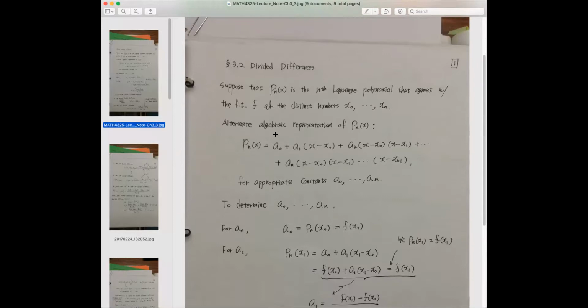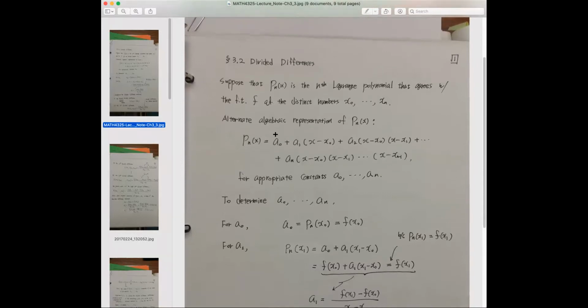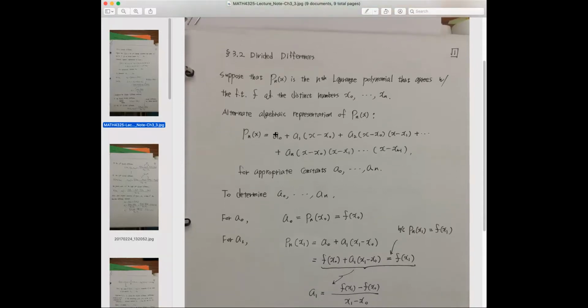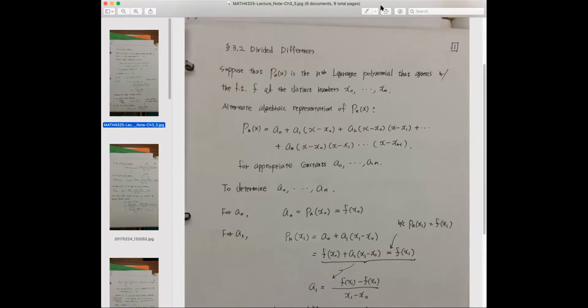So in this section, we're going to develop the Lagrange interpolating polynomial in another way, an alternative way.